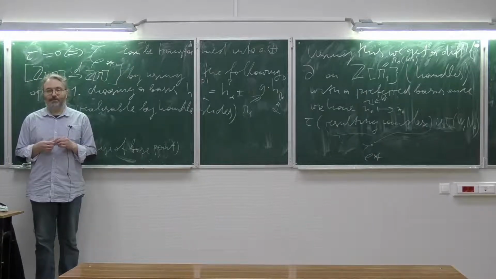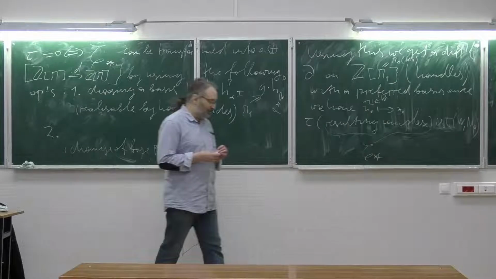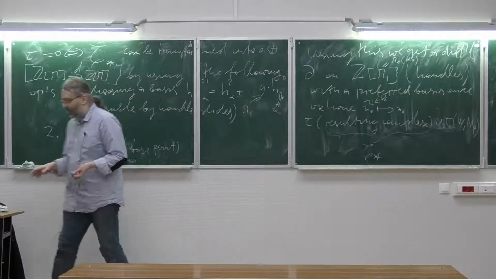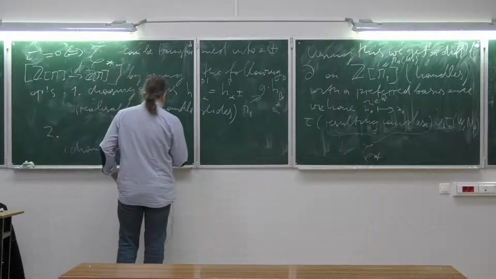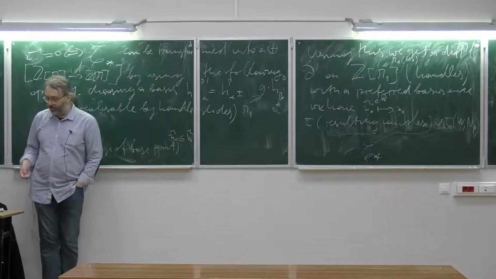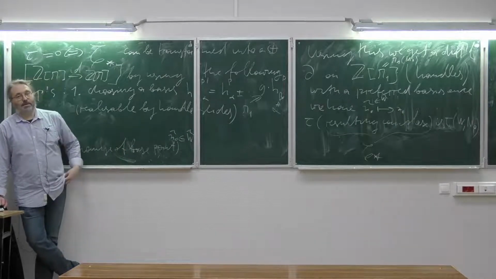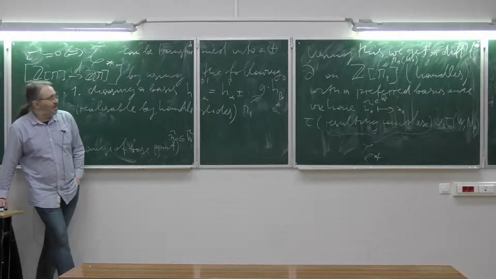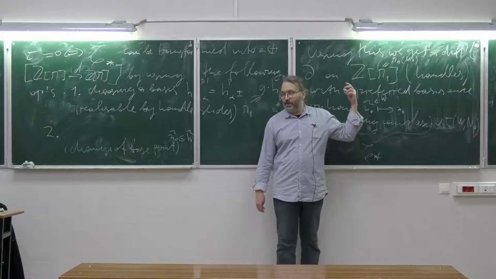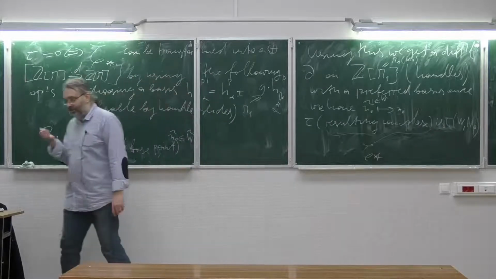Are there any ideas? Change of base point. Change of the base point upstairs. This means that in order to have a preferred basis, we need to have a base point in W, in the universal cover of W.